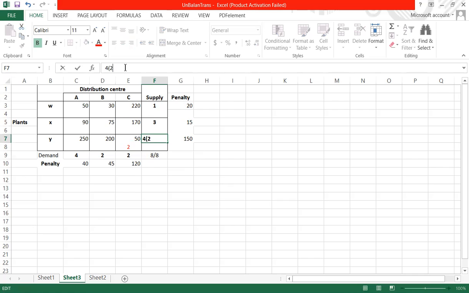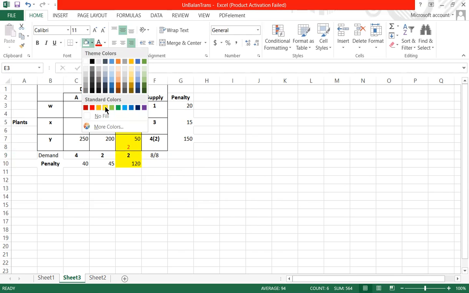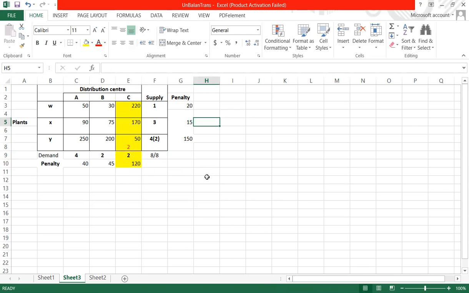Now new supply, this particular Y, the supply remains only 2 units. 2 are finished and 2 left. This particular column is no more in our method, its demand is complete, so it is out of the method.